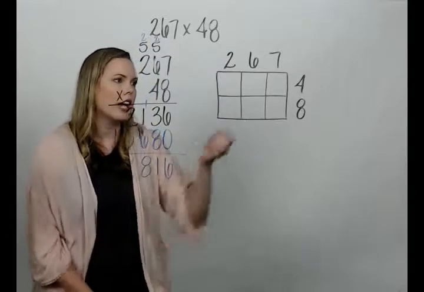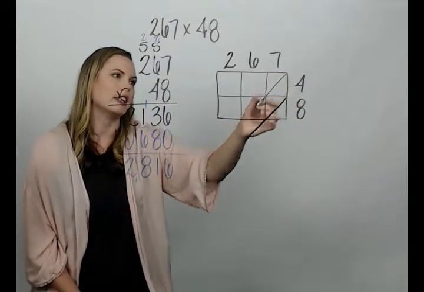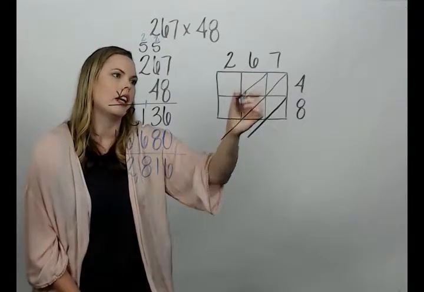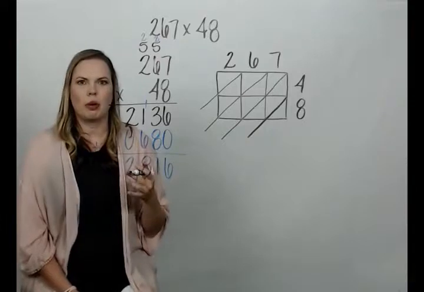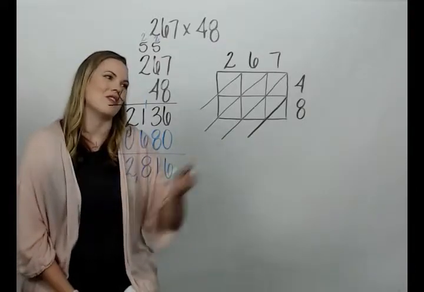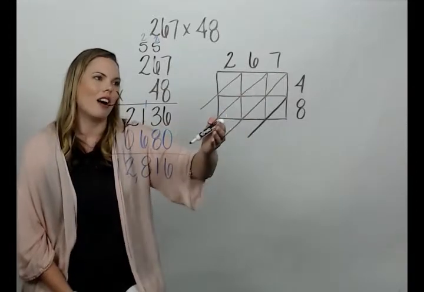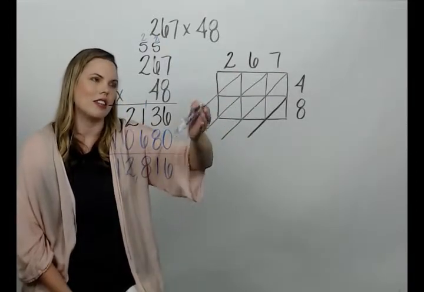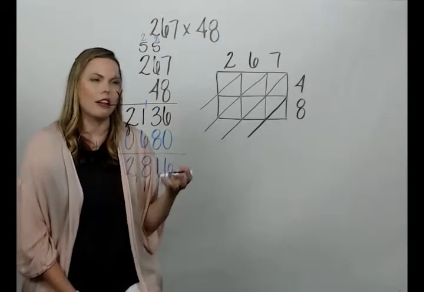Okay, and it's called lattice because it does take the diagonals just like the lattice addition. And it works so well because it is putting these in the appropriate place value. So this is going to end up being our ones, our tens, our hundreds, our thousands, and our 10,000s, and you'll see that kind of come alive as we move on.